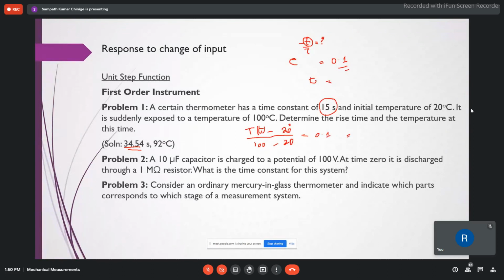Can you find out the temperature at a time of 34.54 seconds? Sir, in the numerator it should be t minus 100, no, sir? Why?